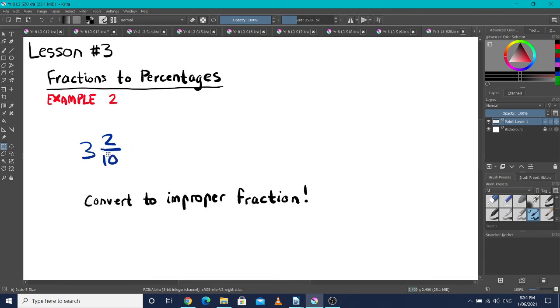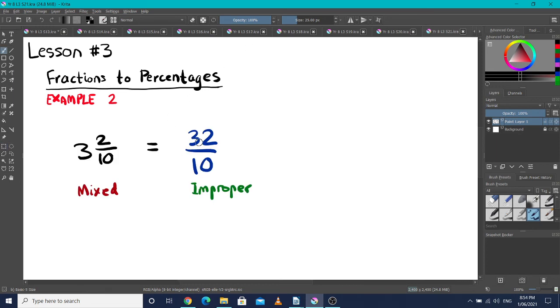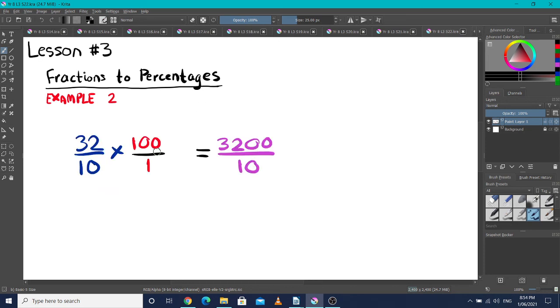In example 2, we have our mixed fraction of 3 2/10. We must convert the mixed fraction to an improper fraction. Our improper fraction is 32 over 10. Remember to look back at lesson 2 if you want a more detailed explanation of this type of conversion. And then we will times our numerator by 100 and our denominator by 1.